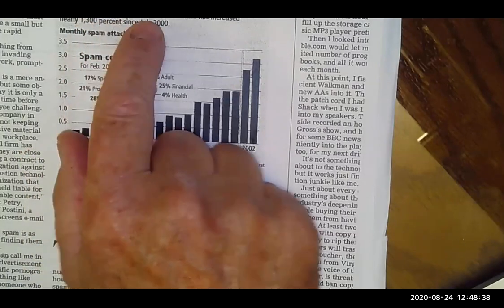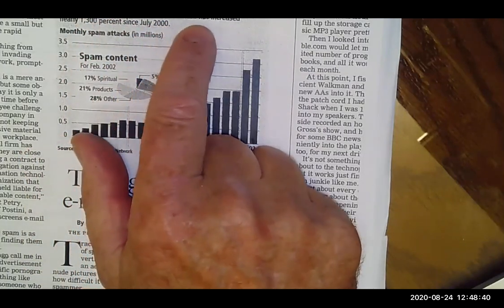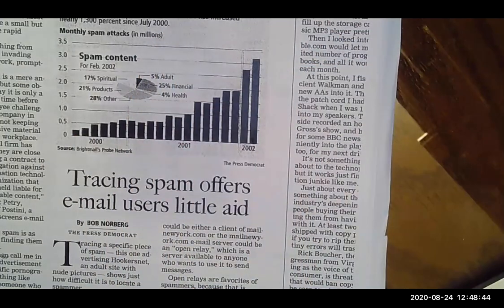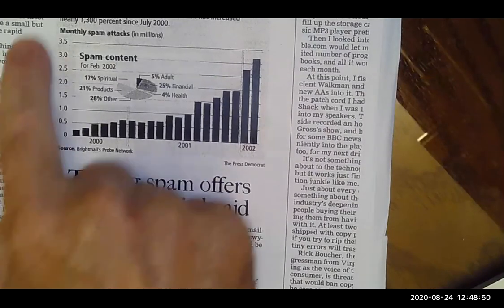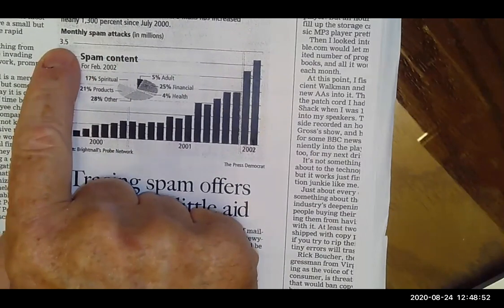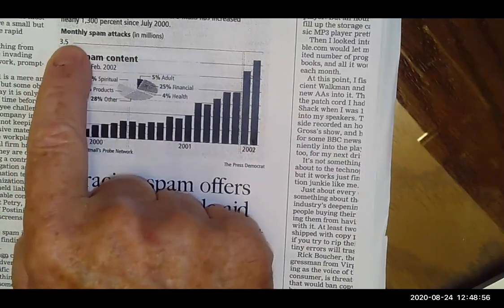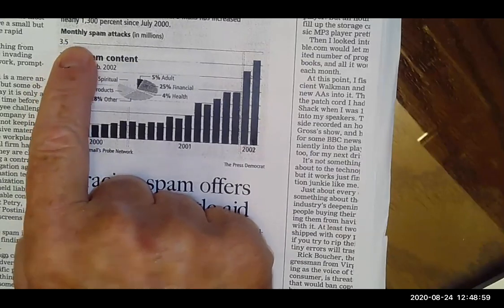Unsolicited commercial emails, and it's probably maybe nationwide. It's hard to tell, like, is this just California? So you have to read the whole thing. 3.5 million monthly spam attacks is up here at the top.